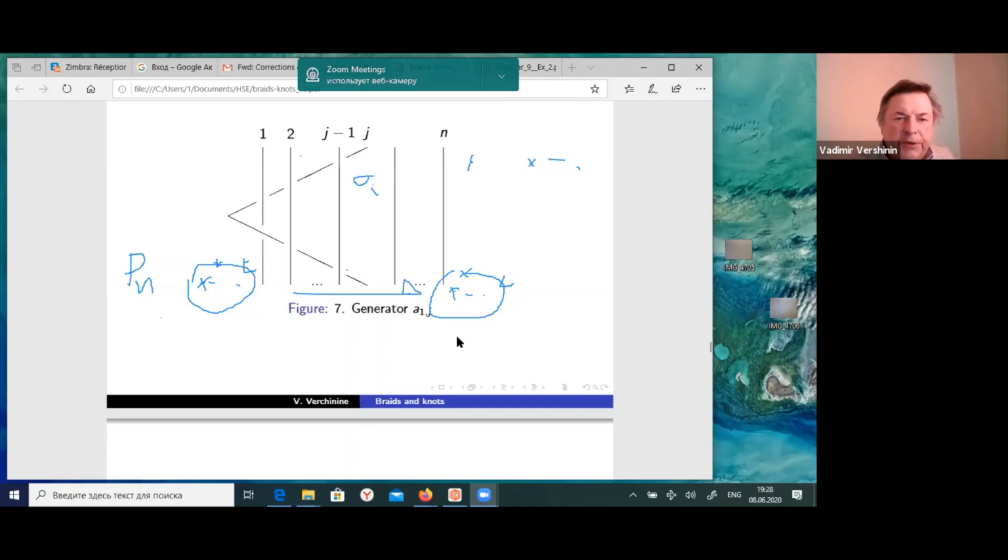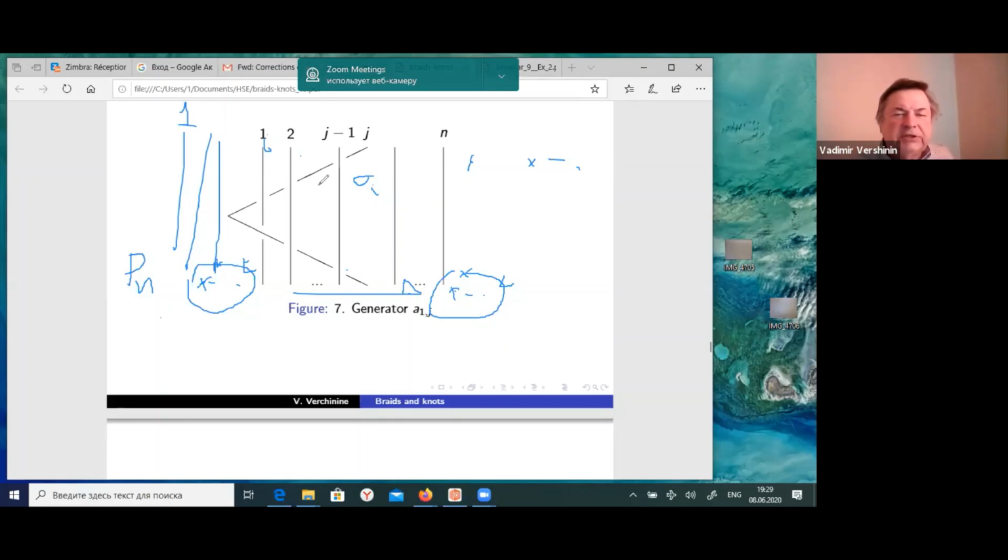So let it be number i. Here there are others, and here is 1. Right? So it goes from j to i, goes around and returns this way.